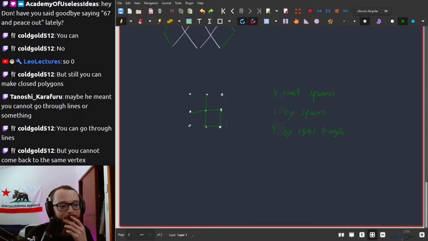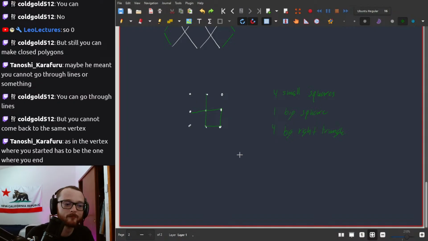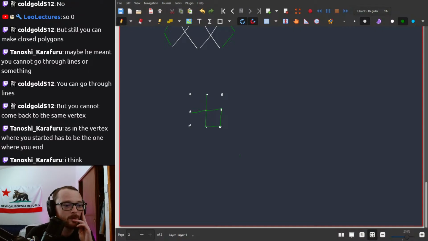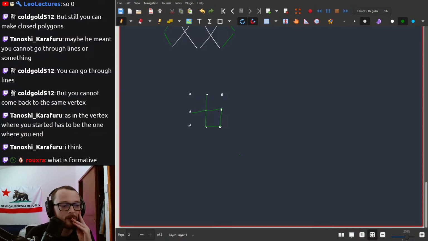That's what you're saying. I doubt you have to use all the vertices, right? You can go through lines, but you cannot come back to the same vertex. Yeah, I think this is a valid way to make a square then.